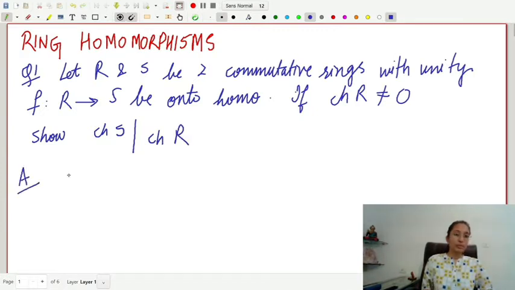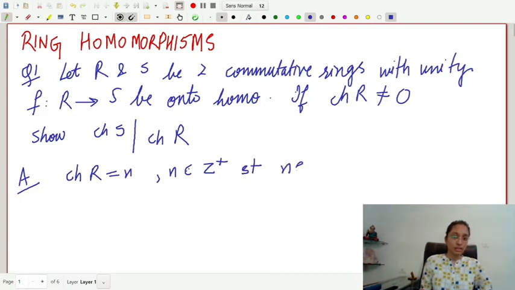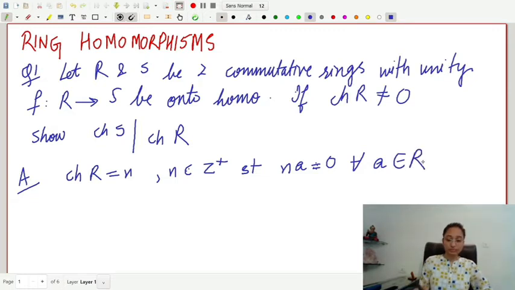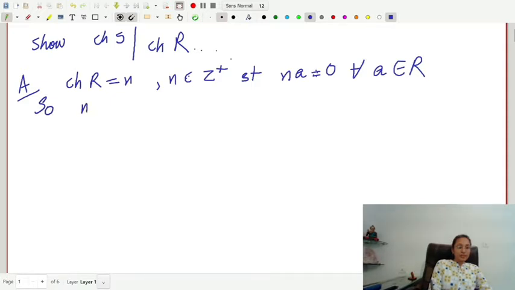Answer: Now we suppose characteristic of R is n, and n is a positive integer such that na is equal to 0 for all a belonging to capital R. So n dot 1 is equal to 0, and n is least, because unity also belongs to R only.